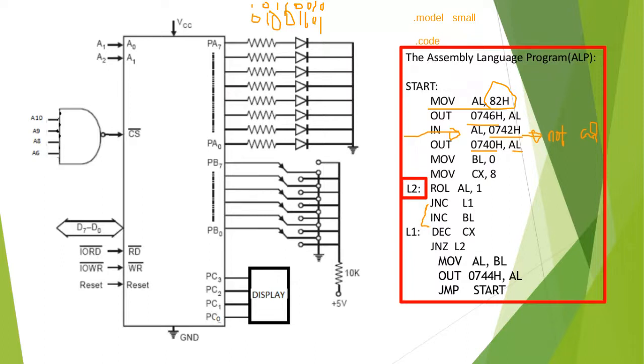So the BL was 0, now it becomes 1. If it is not, then what is happening there? Just loop. You can directly write the loop actually. So instead of these two, we can directly write loop L2.